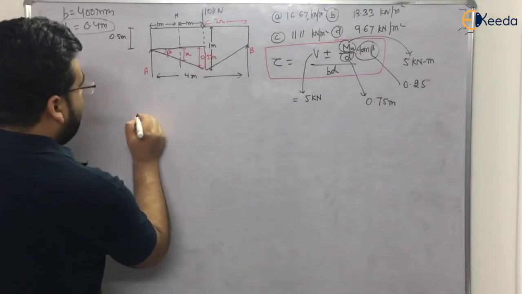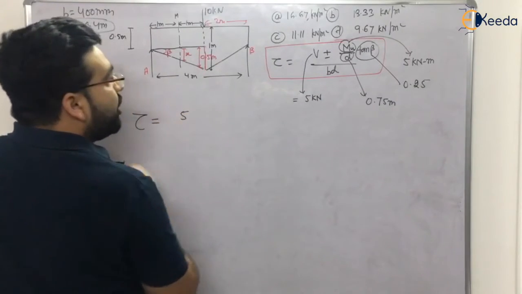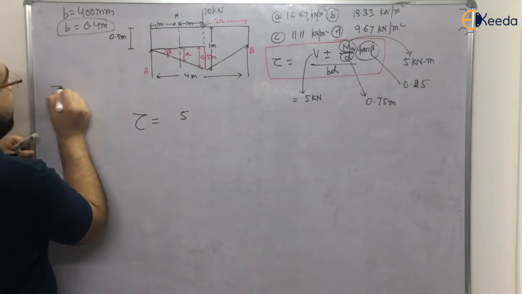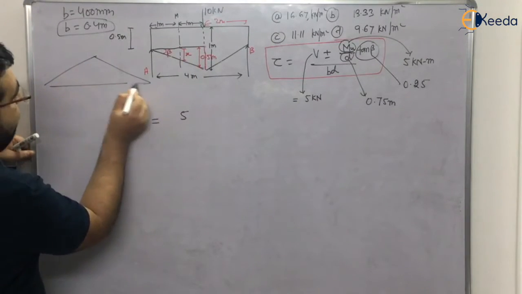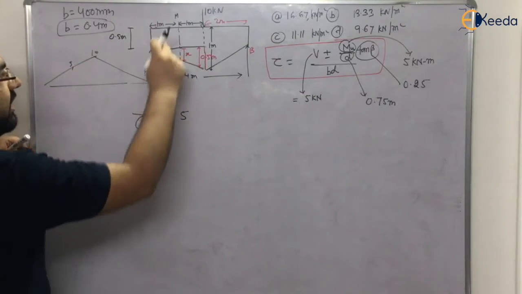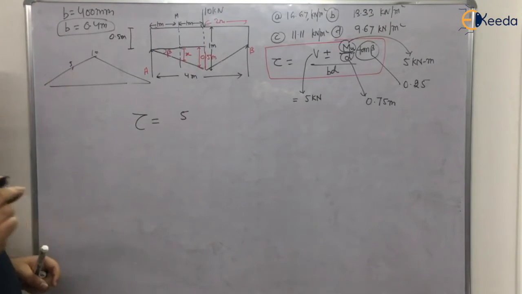So tau will be equal to, what is V? 5 kilonewton plus or minus Mu tan beta by d, because when I drew the bending moment diagram, you know that the bending moment is increasing. It was 5, then 10, it was increasing, and the section is also increasing. At that time we will use the negative sign.